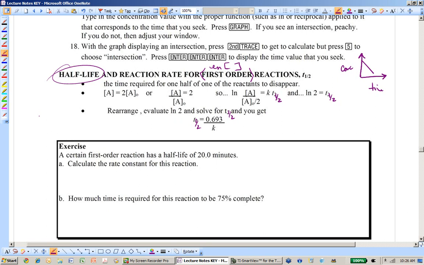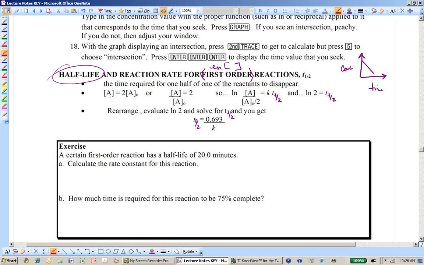So half-life is defined simply as the time it takes for 1/2 of a reactant to disappear, whether it's nuclear decay or an actual chemical reaction. All chemical reactions have half-lives because you start out with some reactants and when half of them are gone, boom, however long that took, that's the half-life. Do not overcomplicate the concept.